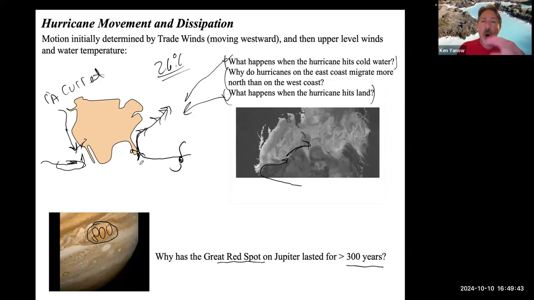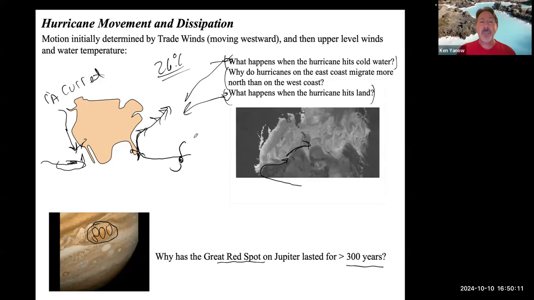If the Earth was all water, then a hurricane wouldn't dissipate. If the Earth was all land, and if you still had hurricanes, then it wouldn't dissipate. In other words, a homogeneous surface would encourage the continuation of a storm like this. A heterogeneous surface, like what we have on our planet, can lead to dissipation.